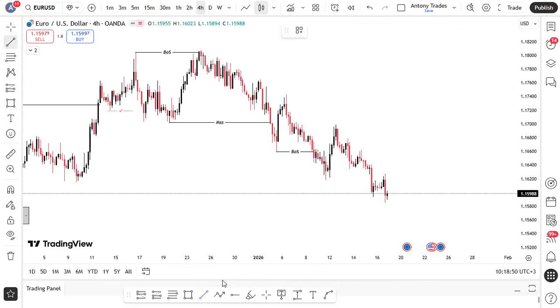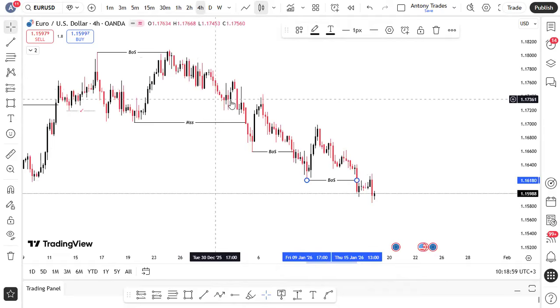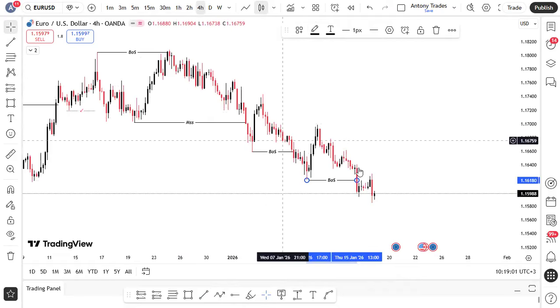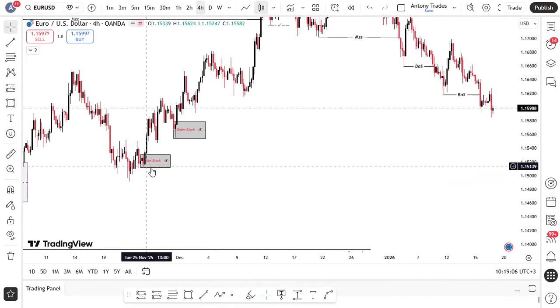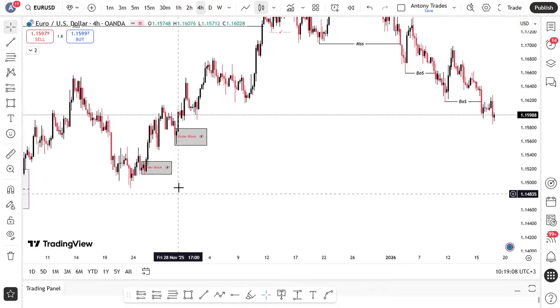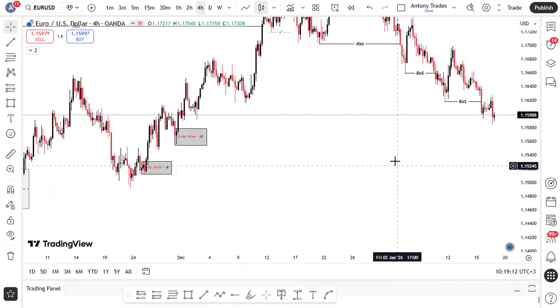And now we have our current break of structure to the downside. Guys, we're just reading the market structure internally. What are we having on the internal structure? Don't forget about these areas, because we might see a reaction from either this order block or this order block.